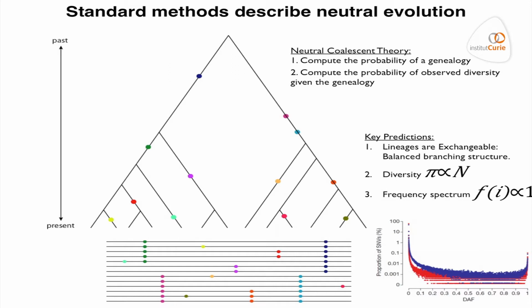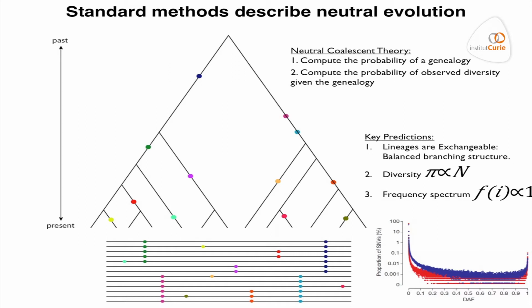And so using an approach called coalescent theory, we can compute the probability of a given family tree of these individuals. I'm just drawing some putative family tree here of all these individuals in the present. As we look back into the past, they're descended from this common ancestor, and they had these relationships.